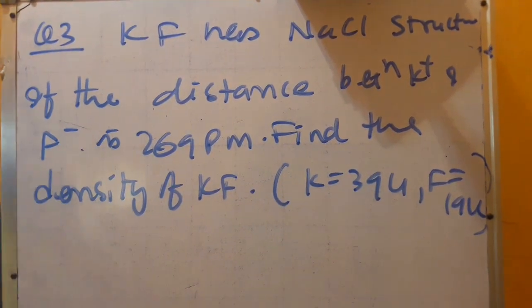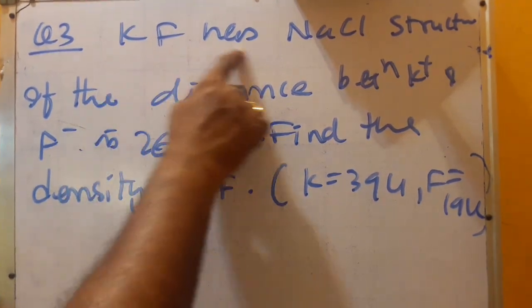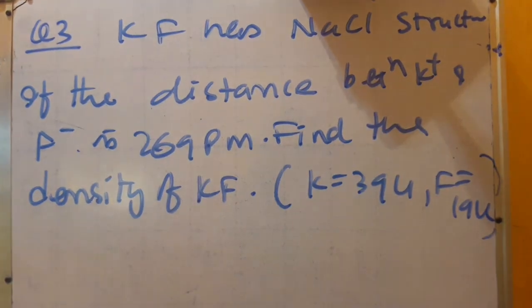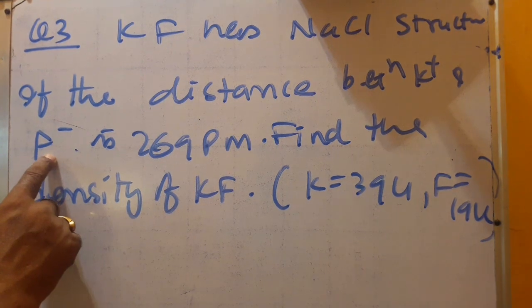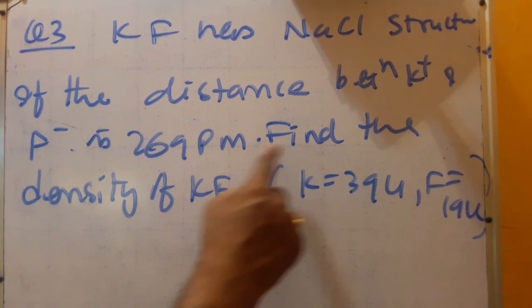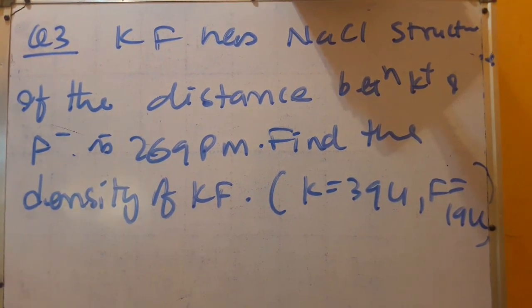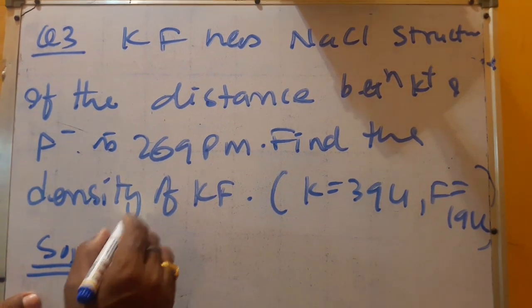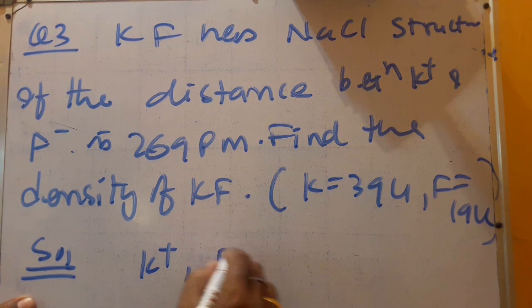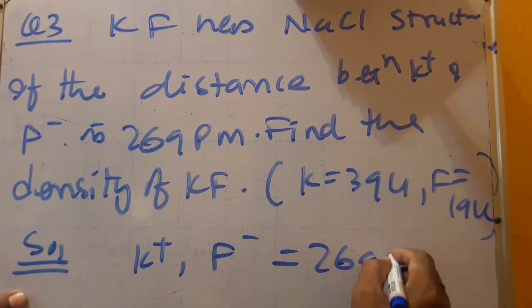Another question, number 3. Potassium fluoride, KF, has NaCl structure. If the distance between K plus and F minus is 269 pm, find the density of KF. Okay, now solve this. The distance between K plus and F minus is equal to 269 pm.